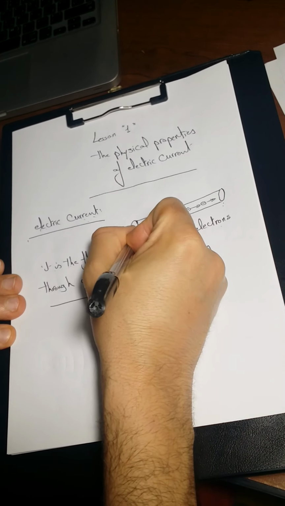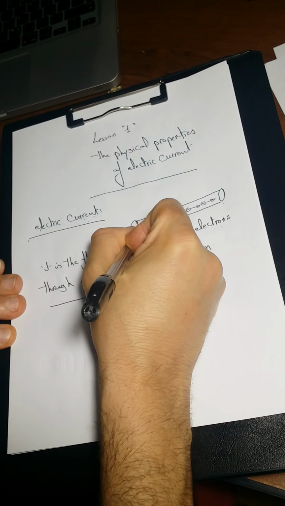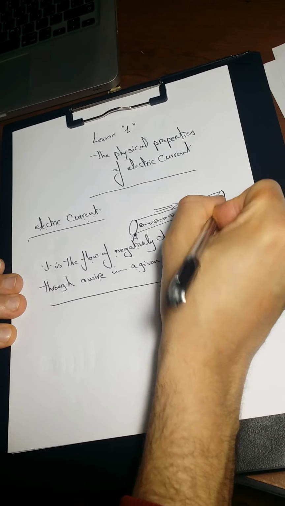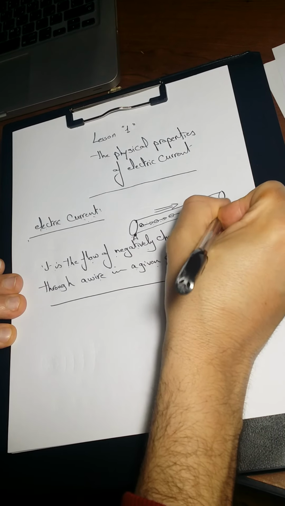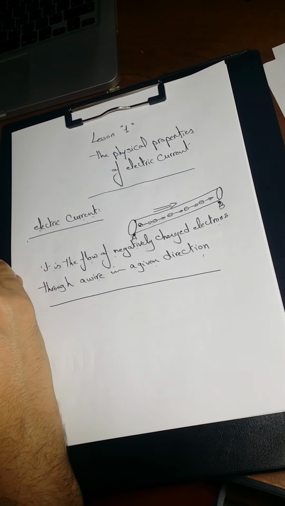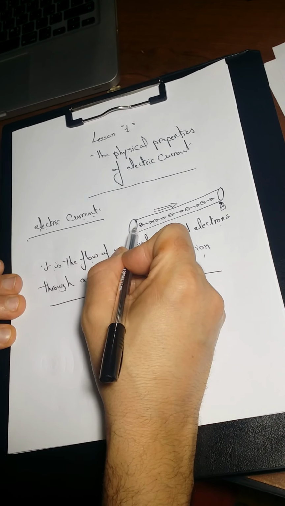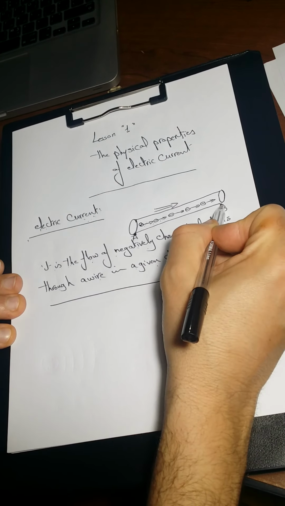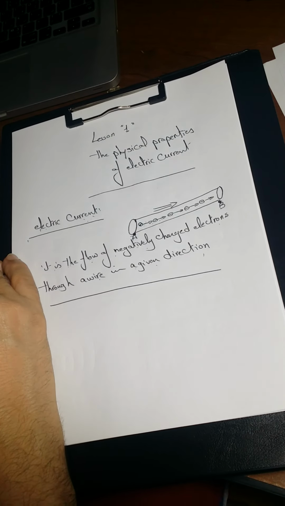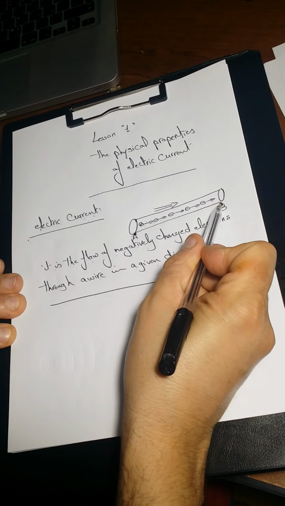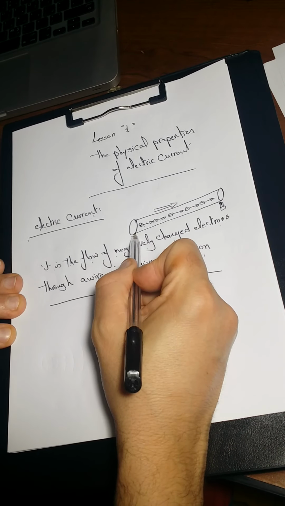If this point is point A and this point along the wire is point B, so in this example the electrons are moving from point A to point B. The question here, why did the electrons move from A to B, not from B to A?